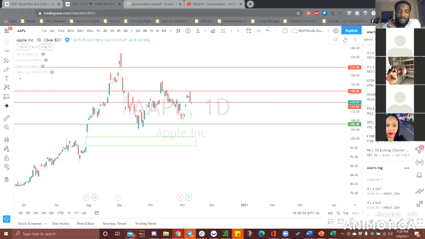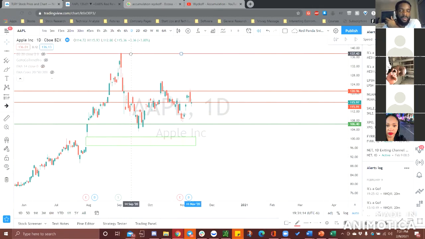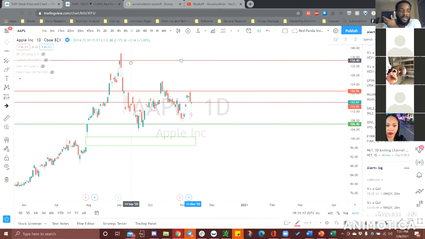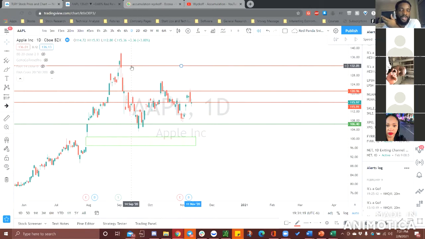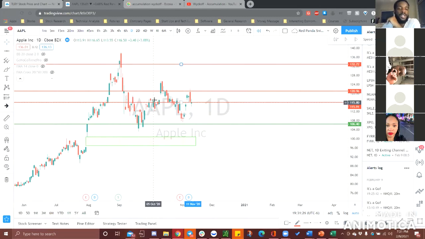How do you know what a resistance line is? Sorry. So a resistance line is technically when you start seeing, how can I put it, a level where price has a hard time trying to get past. So price went up here and made a resistance. Technically, I guess it really would be like 137, right? But I like to put it in front of the candle to give me more of a level, a zone area.